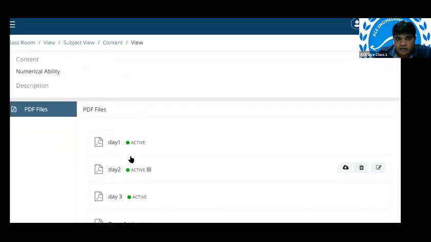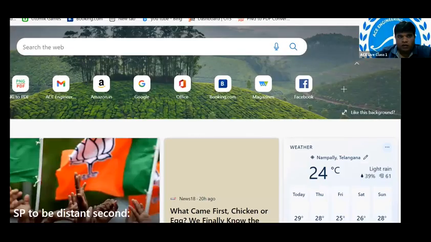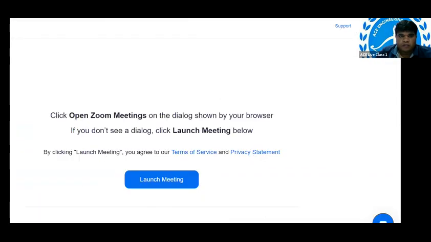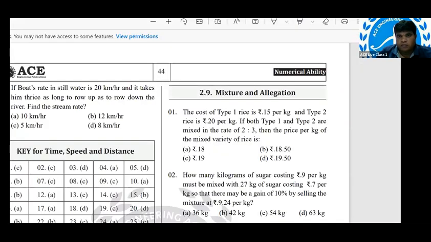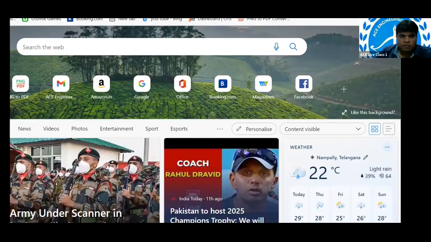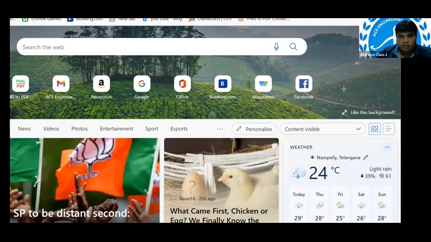CRP questions already added. Where is it? Here, the attendants already received the CRP questions.